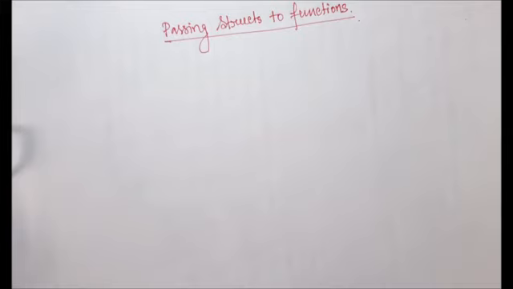We already know what a structure is and how to declare a structure, and we have also already covered functions earlier. So how to pass an argument to a function, whether it is call by value or call by reference, this implementation we can also use in the case of structures.